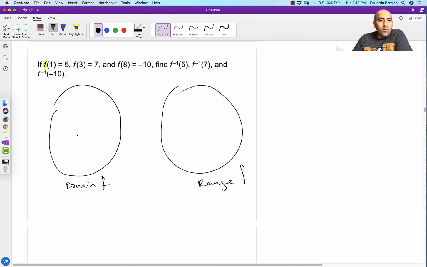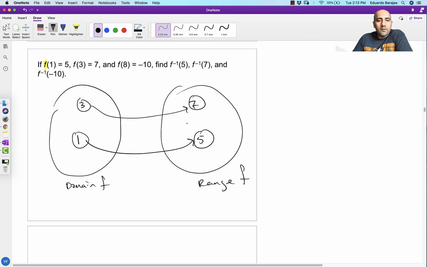The number 1 is in here, and it maps over to 5. The number 3 maps over to 7. And the number 8 maps over to negative 10.